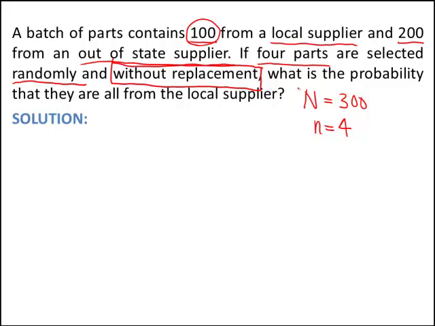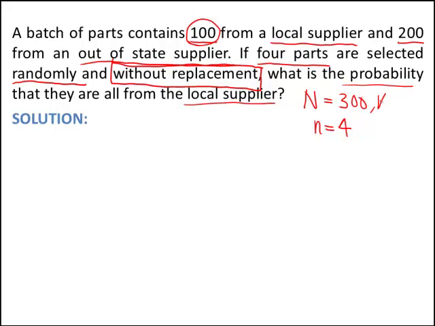Okay, so what are we looking to compute? What's the probability that, again, we draw 4 out of 300, and those 300 are broken into 2 classifications, what's the probability that they're coming from the local supplier? So again, I'll go ahead and give you the rest of the hypergeometric language. Capital N is 300.